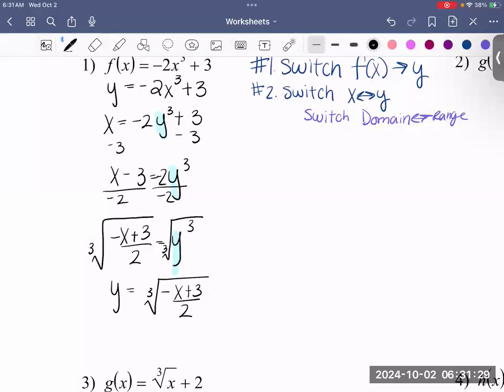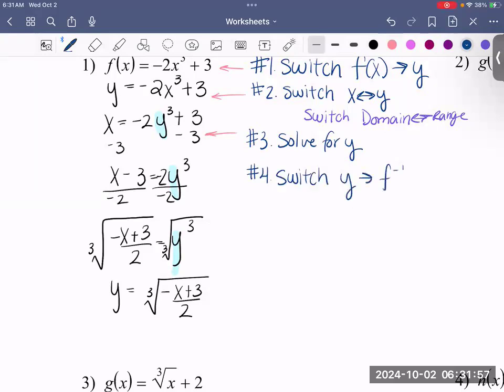Now the last thing we need to do, I'm sorry, I forgot to put up what we were doing here for step 3. So step 3 was solve for y. You'll see these steps here. And then your last step and most important step is to switch y to f inverse of x.